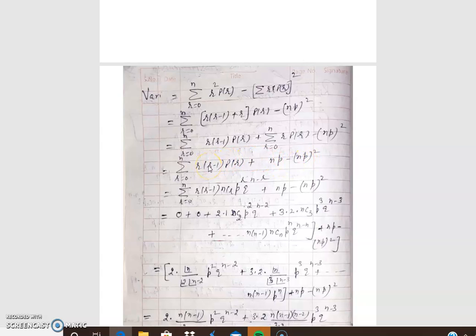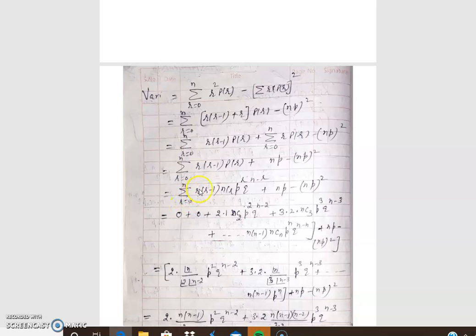Now this value r equal to 0 to n, therefore when we substitute r equal to 0, this value becomes 0, because r is in the product with r minus 1. The first term is 0.